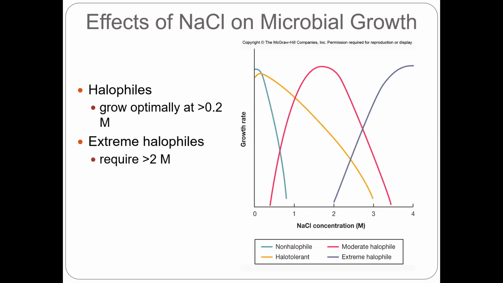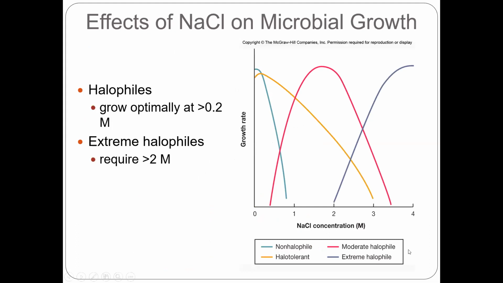Now, since we talked about water activity, we're going to talk about the effect of sodium chloride on bacterial growth. You need to know sodium chloride, salt, is a natural antimicrobial. In a salt solution, lots of bacteria can die.